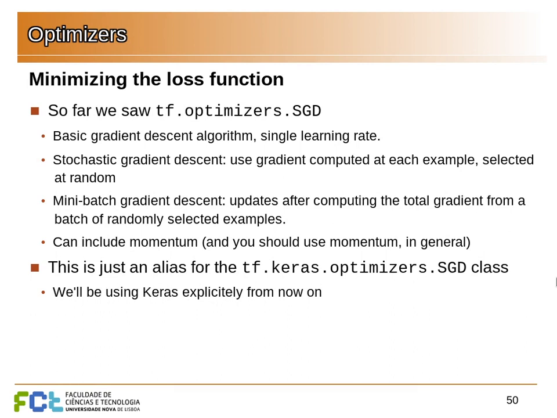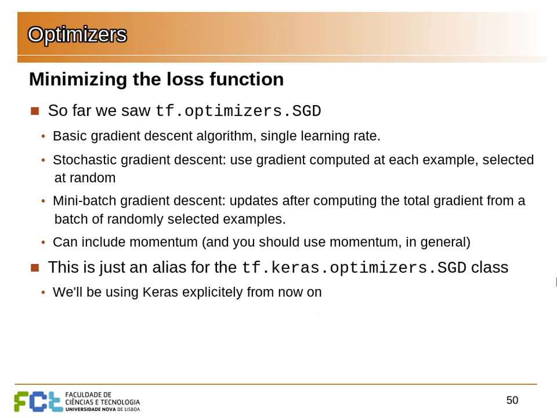One of them that we saw was stochastic gradient descent, which you can get either from TensorFlow optimizers or from Keras optimizers. Actually, they are the same class, they point to the same thing, but they are in both of these modules.